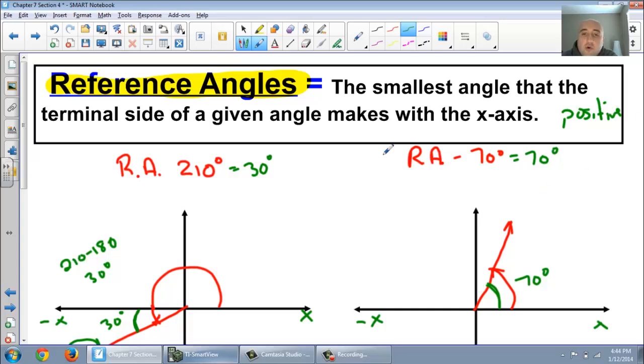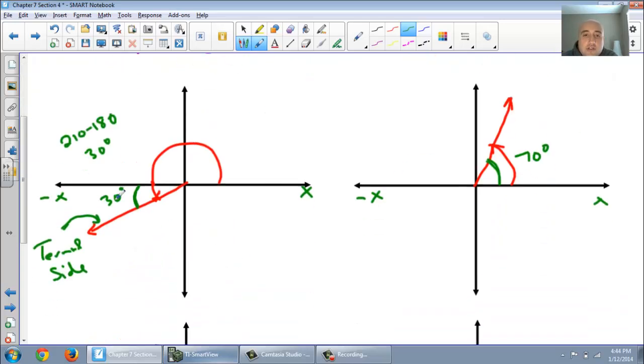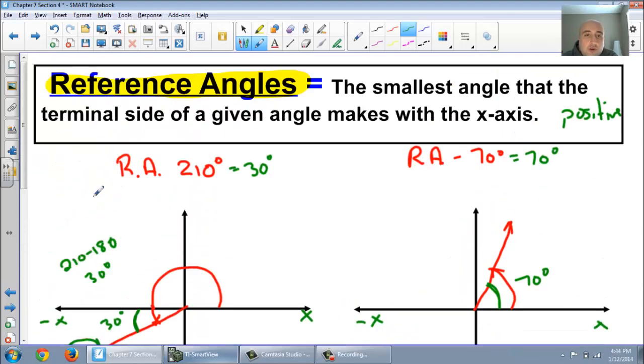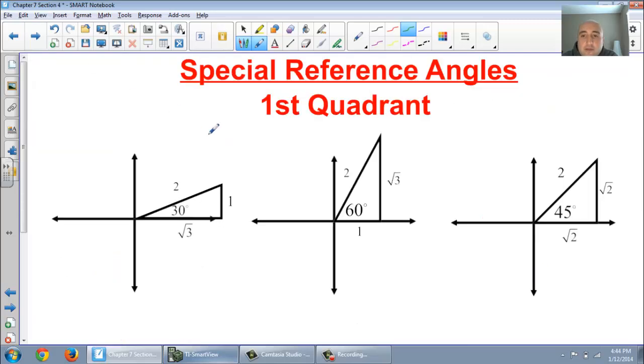Okay, so there are my 4 examples of a first, a third, a second, and a fourth quadrant angle. So we need to be able to find reference angles. Now, here are the 3 important reference angles that we need to know: 30 degree reference angles, 60, and 45.